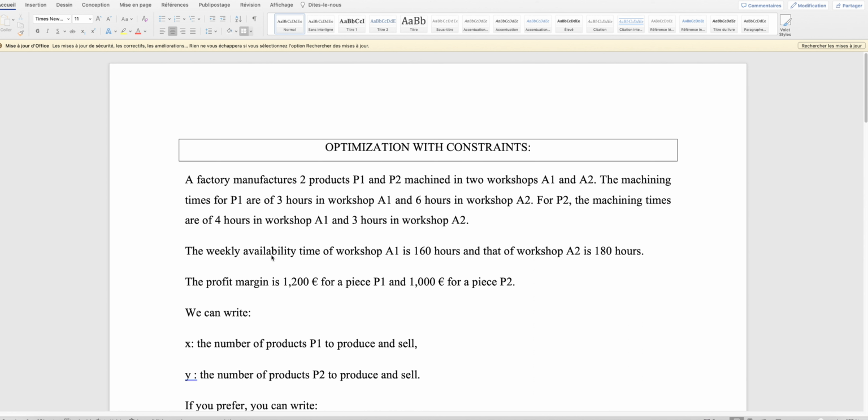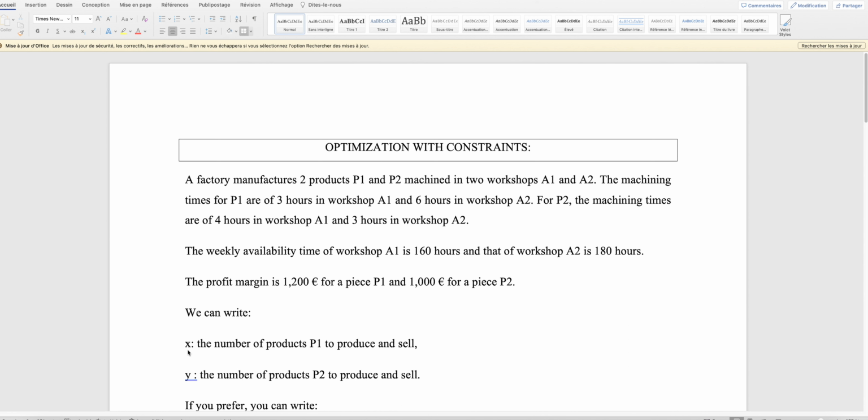The weekly availability time of workshop A1 is 160 hours, and that of workshop A2 is 180 hours. The profit margin is 1,200 euros for a piece P1 and 1,000 euros for a piece P2.